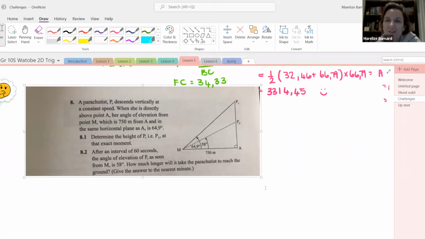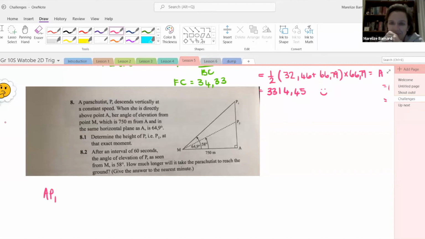Okay, so does anyone want to tell us? I think you all know how to calculate the length of AP1. So AP1, how are we going to do that? Pop it in the chat if you know. How will we calculate the length of AP1? Tan. Yeah, we're going to use tan.